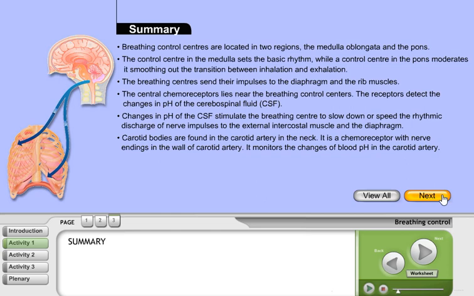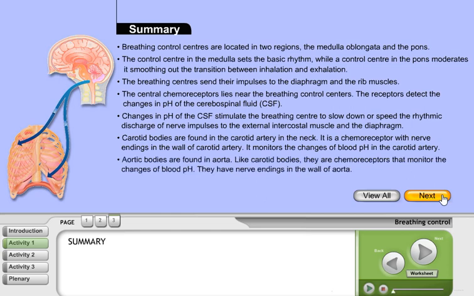Carotid bodies are found in the carotid artery in the neck. It is a chemoreceptor with nerve endings in the wall of the carotid artery. It monitors the changes of blood pH in the carotid artery. Aortic bodies are found in the aorta.